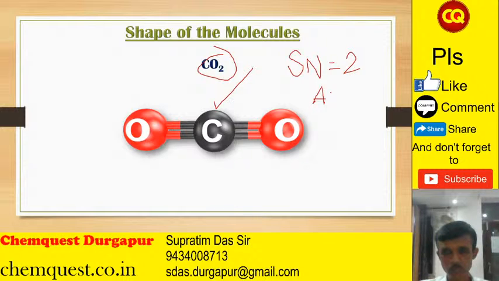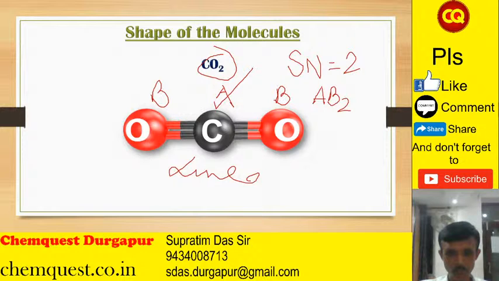A is the central atom, carbon, and B first and second, 2B. It is linear in shape, with 2 bonds, one known as sigma and another known as pi.